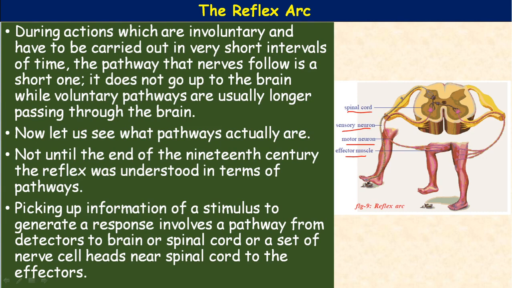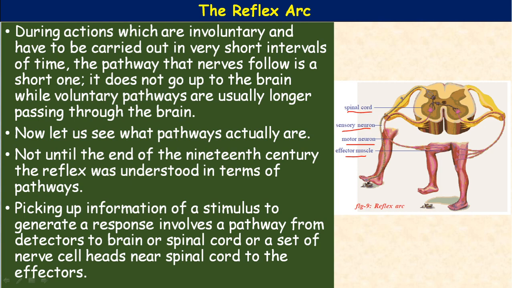That response is carried by the associated neuron, which passes that information to the motor nerve. From that motor nerve, the information is carried to the muscles of the leg. So that is the effector muscle. So immediately we take out the leg. This process takes place in a fraction of a second.